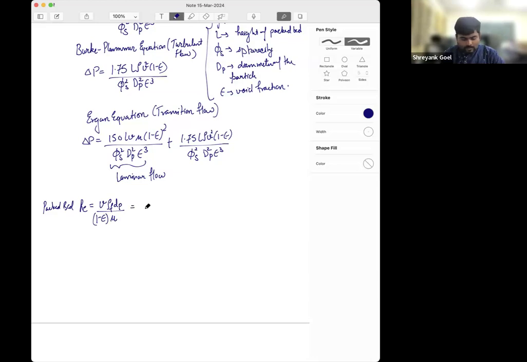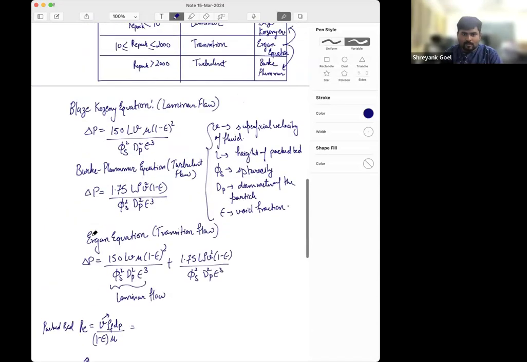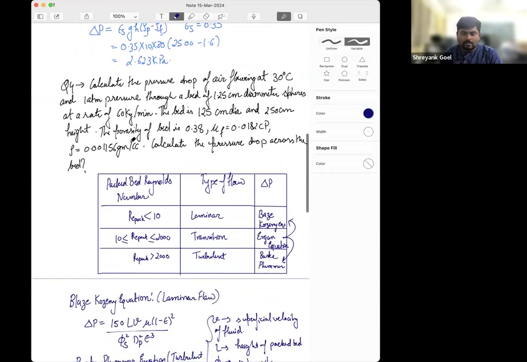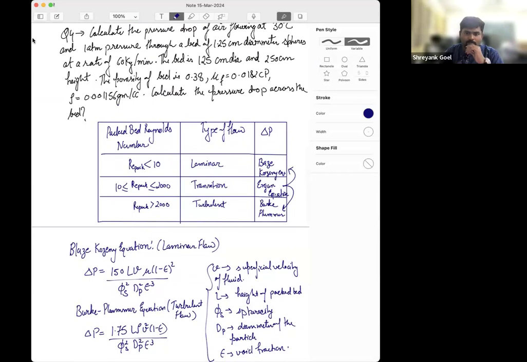We don't know what the superficial velocity is. We know the density and the other things, so we need to find it out. What is given here is 60 kg per minute, so the mass flow rate is given.